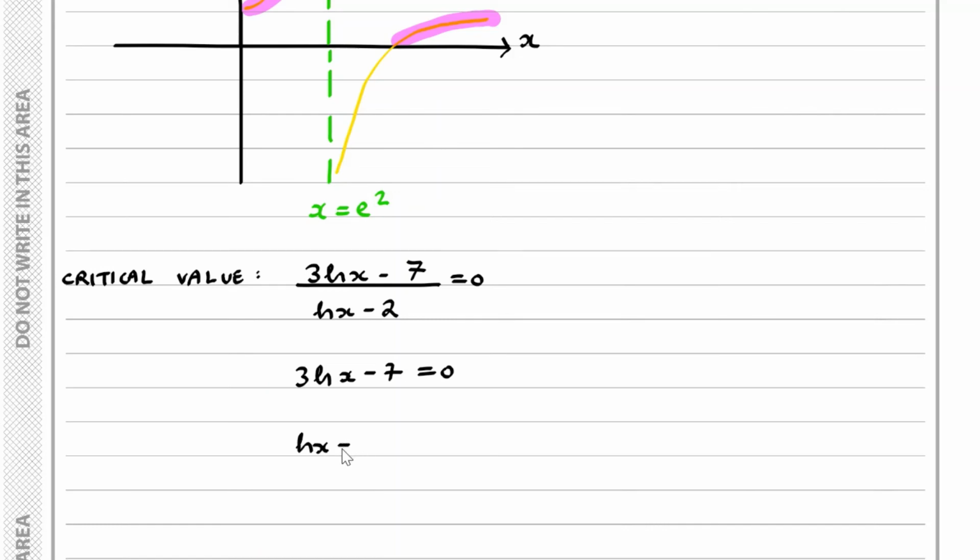Natural log of x equaling 7 over 3. So therefore x is equal to e to the power of 7 over 3. So this critical value here is x equals e to the power of 7 over 3.